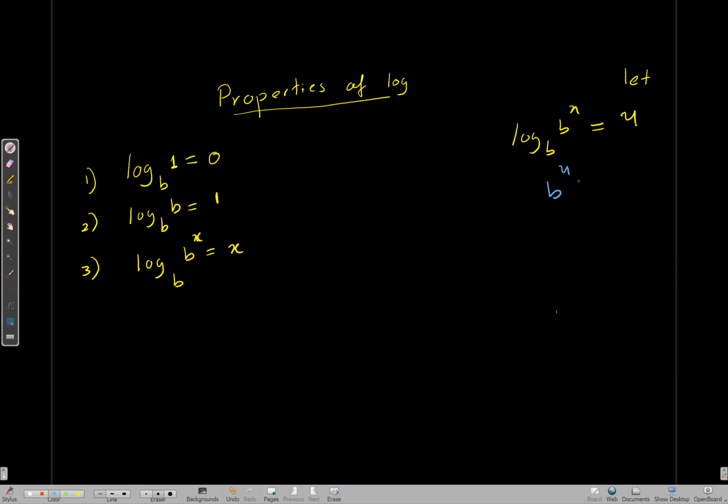B to the u, the exponent is going to be this argument here, b to the x. So u equals x. See, that's the proof. Similarly, we have the other way around, b raised to log base b of x is also x. Now these two things, you can check exactly like the third one, so I'll leave that for you.